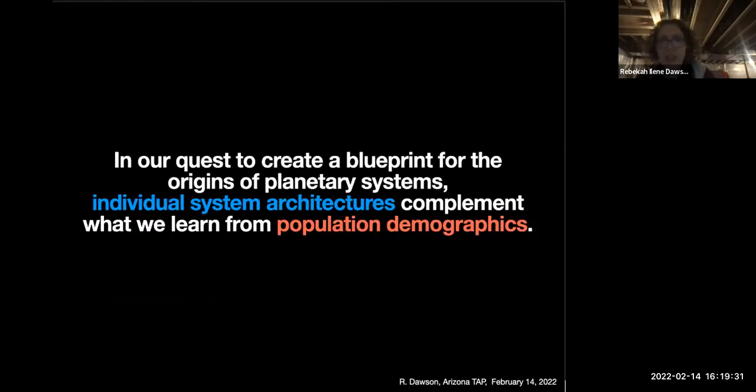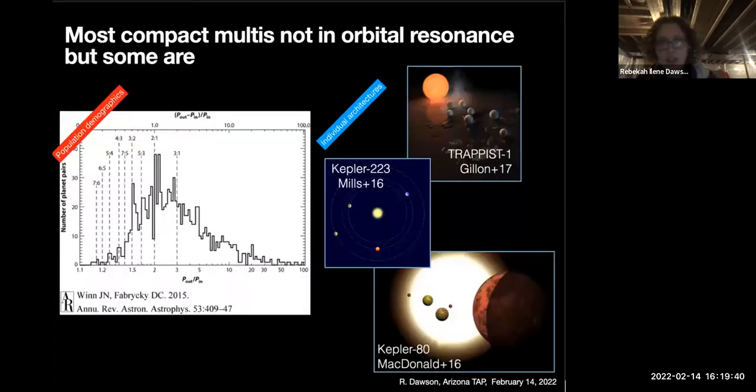This is another case where what we're learning from individual system architectures is really complementing the population demographics. So on the population demographic side on the left, this is a histogram of adjacent period ratios between planets, and orbital resonances, integer period ratios, are marked. And there's not a huge pileup at any of these resonances.